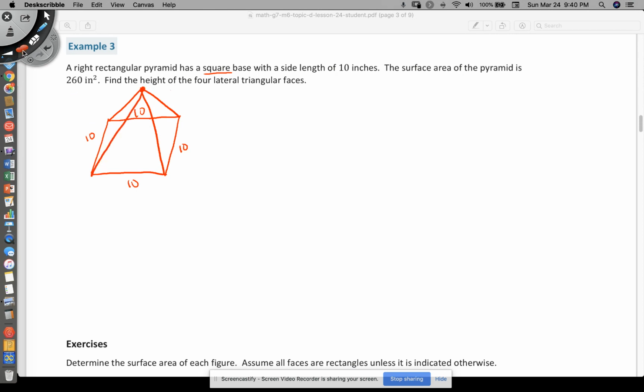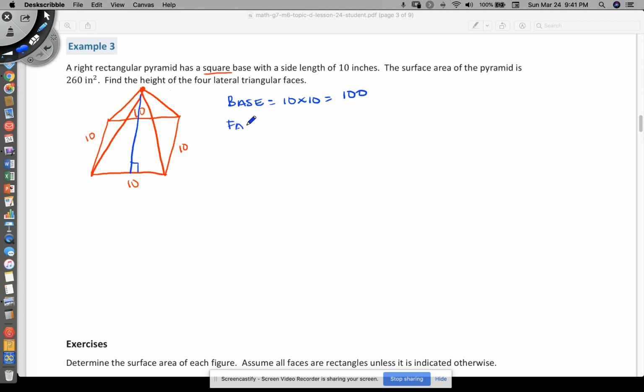All right. Now we have a lateral face, so we're just going to kind of bring this down and show that it is a triangular right face here, a right pyramid. All right, so let's talk about the base first. The base is easy. That's a 10 by 10, which gives us 100.